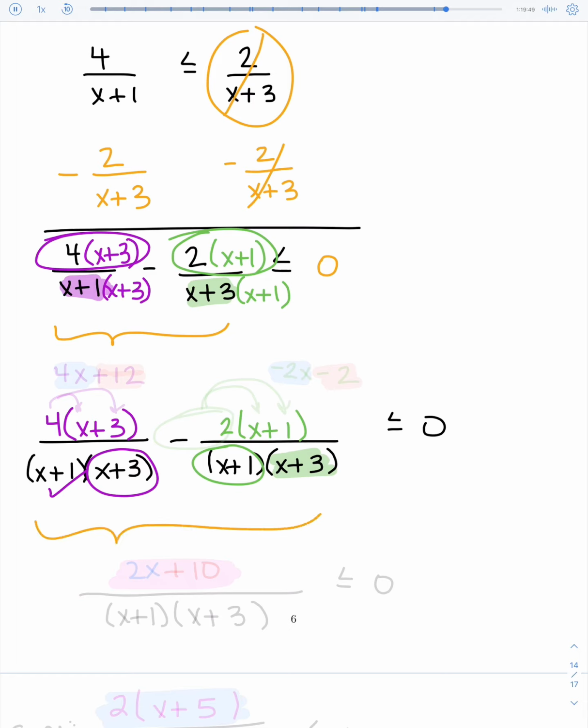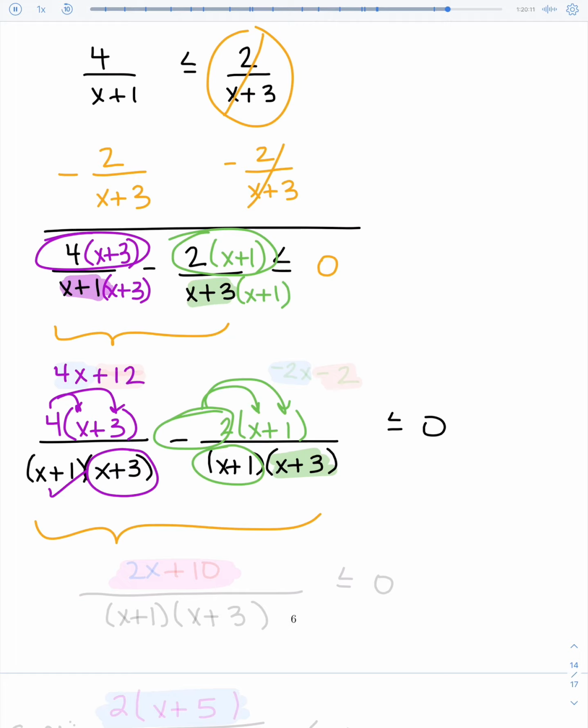We have an LCD. The problem is I need to be able to add and subtract, which means I need to distribute my 4 on the first one. And be careful, a negative 2 needs to get distributed on the second one. Well, multiplying out the 4 on the first one will give you a 4x plus 12.